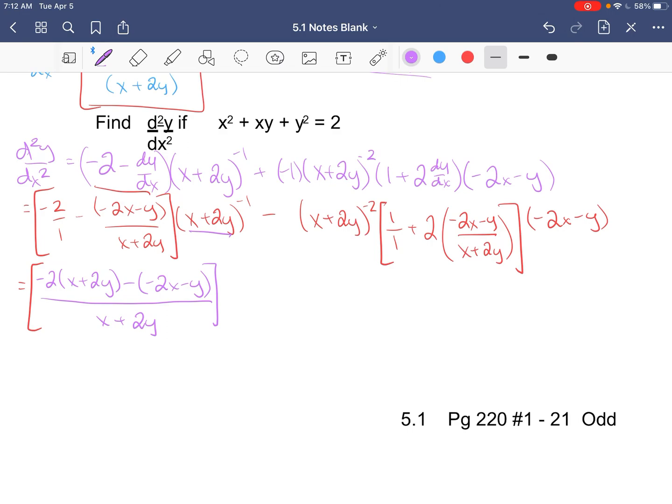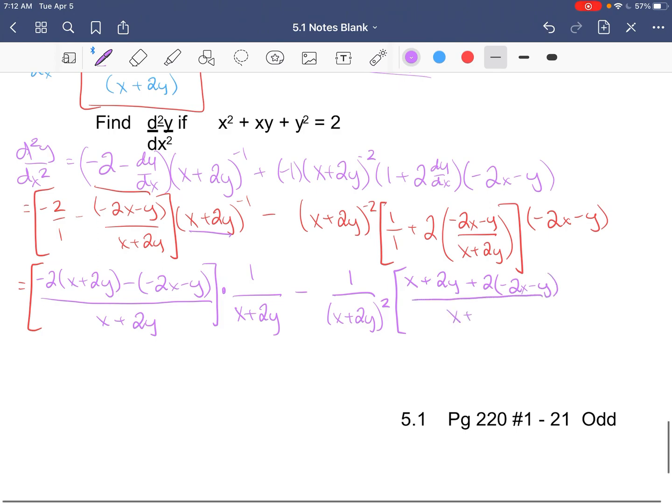At the same time, I might rearrange this next piece by saying times 1 over x plus 2y to the power of 1, minus, again, this piece I might change to be 1 over x plus 2y squared. In our square brackets, we need a common denominator, so x plus 2y plus 2 times negative 2x minus y, all over x plus 2y. And that was times negative 2x minus y, which is over 1.